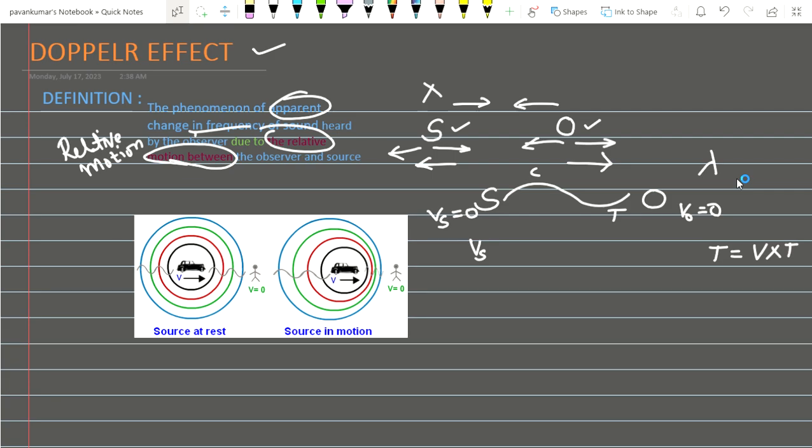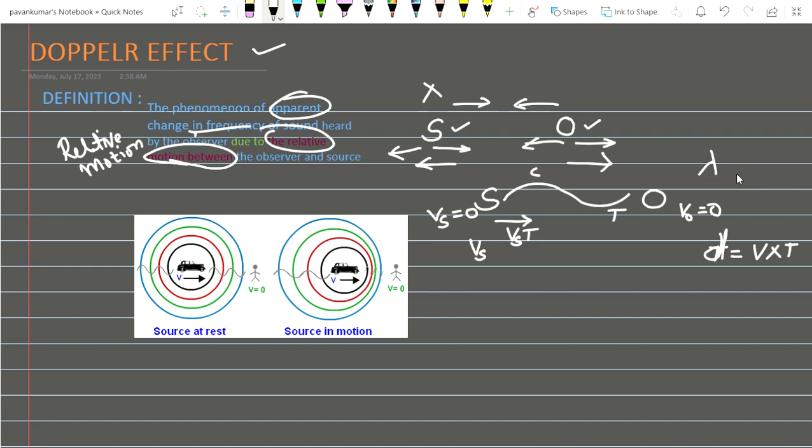The distance travelled by the wave is equal to velocity into time. In this period of time, the source is also moving with a velocity Vs. Therefore, the distance travelled by the source is given by Vs into t.